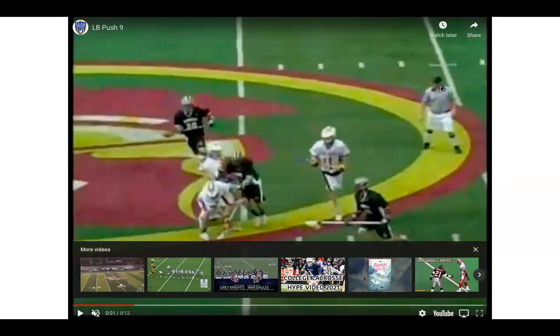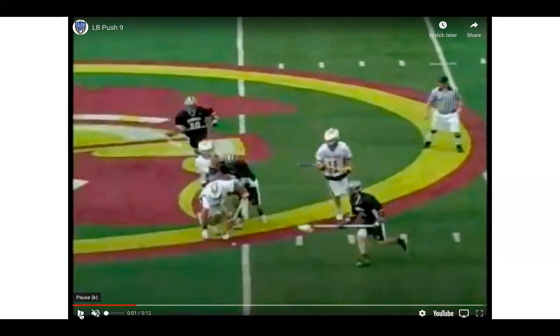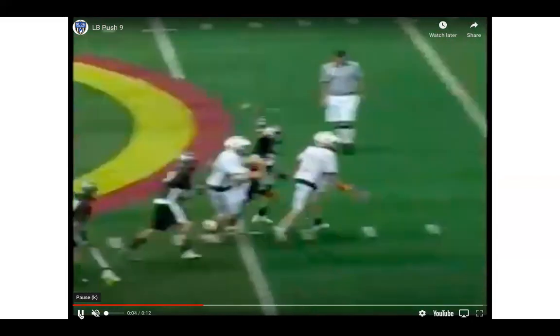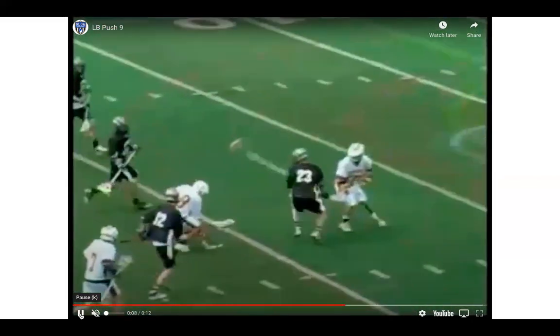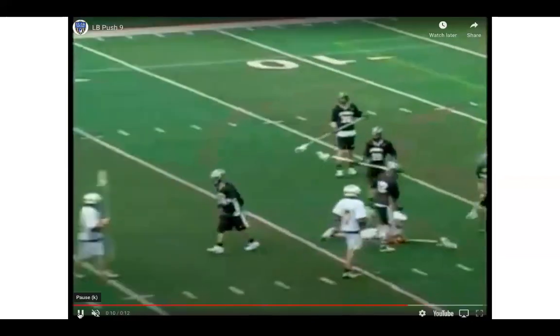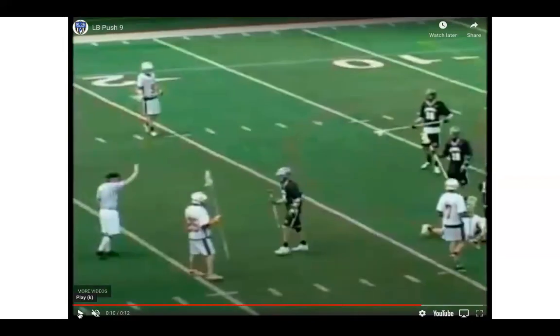This official who's located right here delays killing the play because of a scoring opportunity. He is delaying killing this play. Watch it. Ball's loose. Black pushes him. Delay. Then he kills it. All the players stop, because that ball is skirting towards the goal.